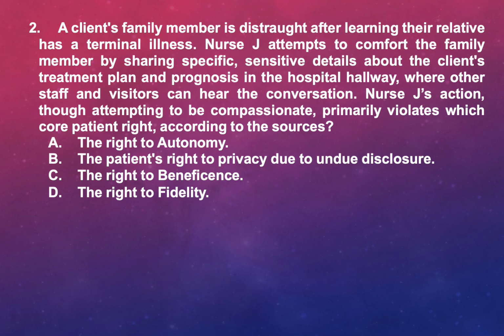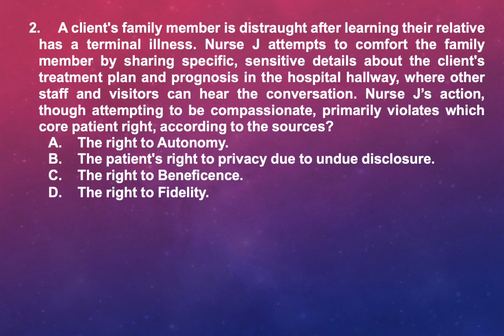The correct answer is letter B, the patient's right to privacy due to undue disclosure. Letter A is wrong, beneficence is wrong, and the right to fidelity is also wrong. So we know that if there is an undue disclosure, it is considered a breach of the client's right to privacy.